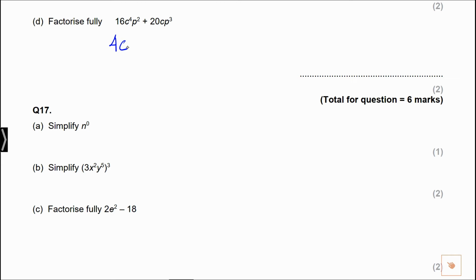The highest common factor of p squared and p cubed is p squared. And then what's left is what you have to multiply by 4 to get 16, which is just 4. And then what you have to multiply by c to get c to power 4 is c cubed. And then plus what you have to multiply by 4 to get 20, that will be 5. And then what you have to multiply by p cubed to end up with p cubed is just p. So that will be our resulting expression.